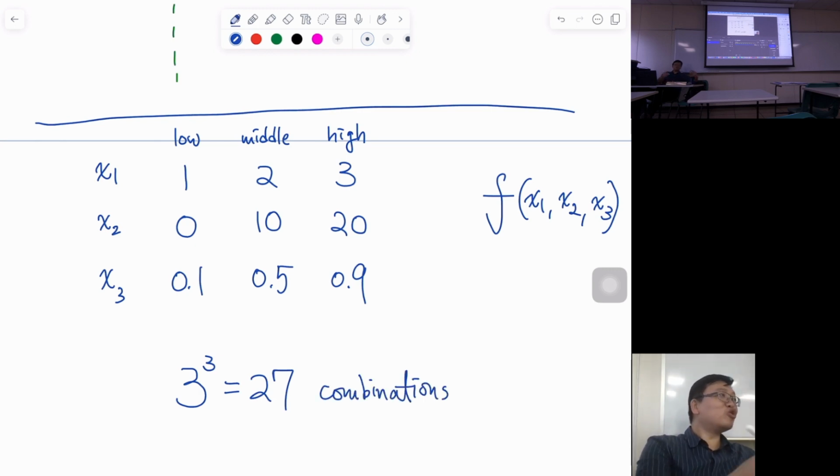So what people usually do is to truly evaluate the function with those 27 combinations, and there must be one good solution out of the 27. That's what people usually do. They just pick the best one from those 27. But they cannot guarantee that's optimal.